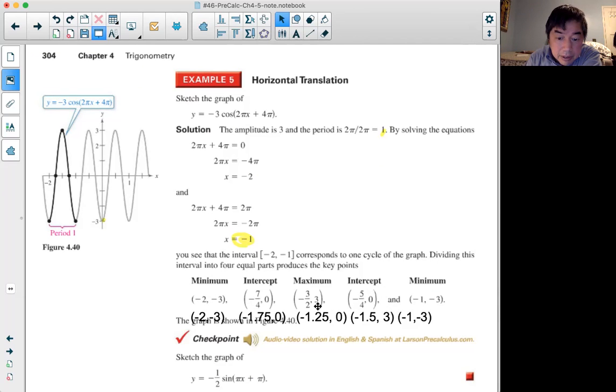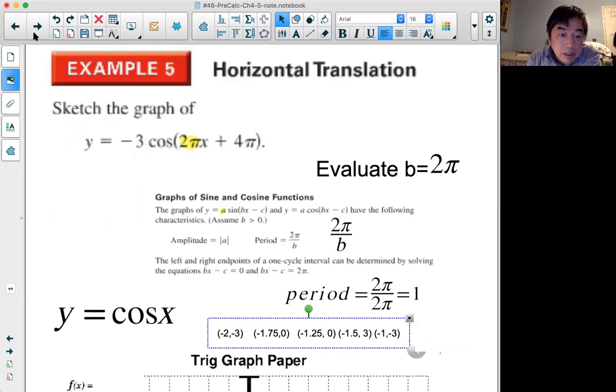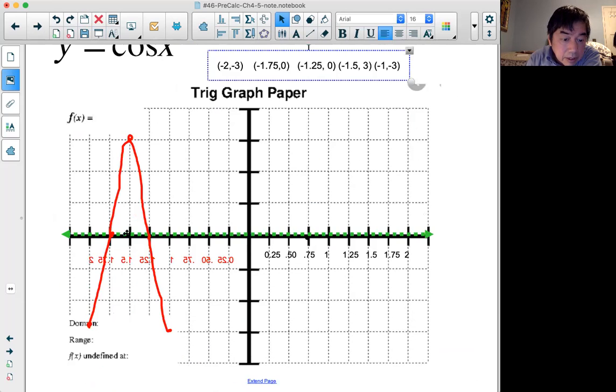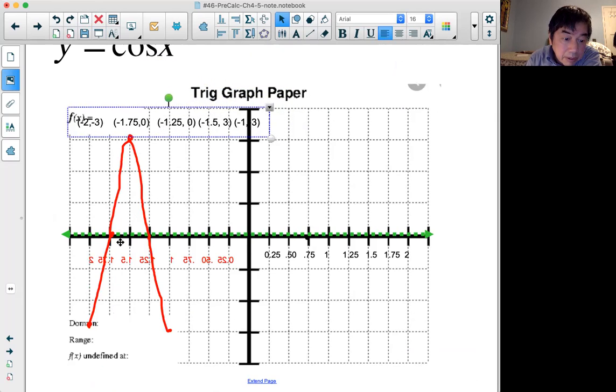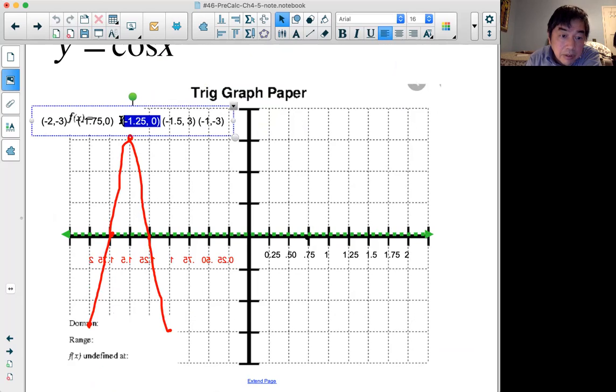The max value is negative 1.5 and, oh, again, I'm sorry. 2, 3, 1.75 and 0. 1.5 and 3 is supposed to go here.